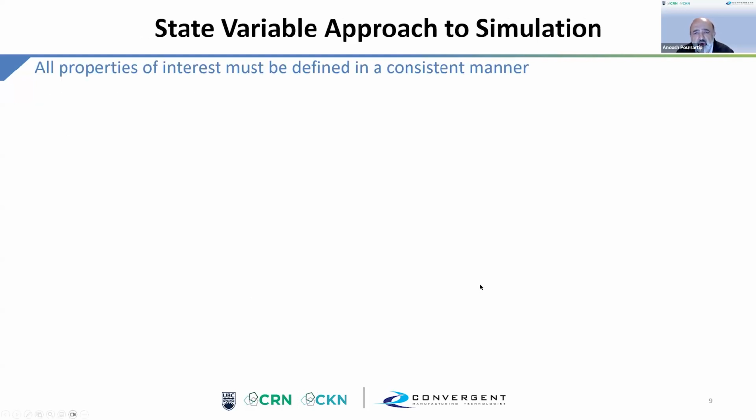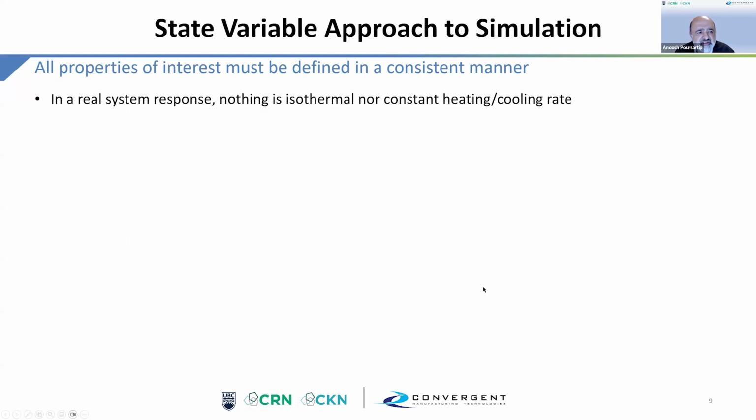A really important point that quite often is not adhered to, but you need, if you're going to be very systems-based and very consistent, is to realize that in a real system response, nothing is isothermal, nothing is constant heating rate or cooling rate.